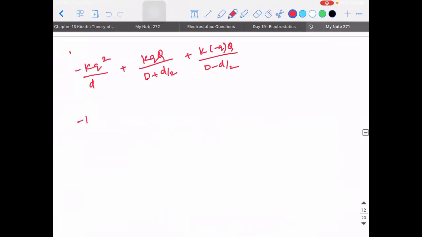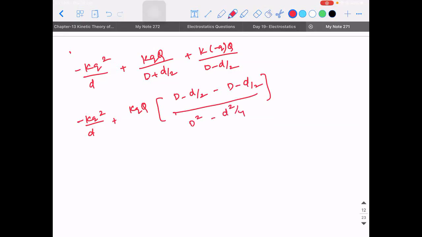Correct? So minus kq square by d plus kq into capital Q, if I take it outside, d minus D by 2 minus d minus D by 2, divided by d square minus D square by 4. So d square minus D square by 4 will be how much?